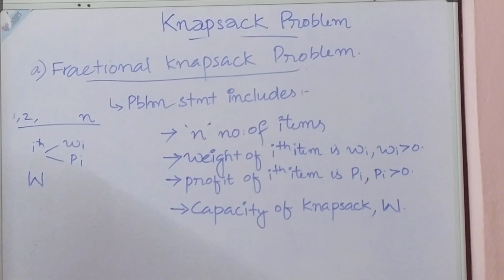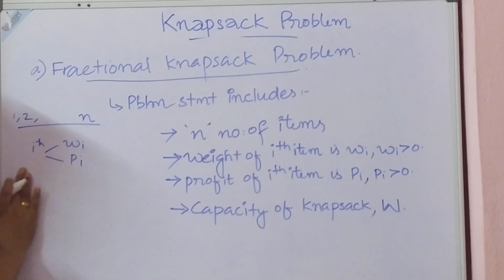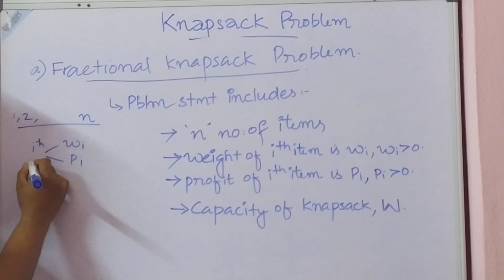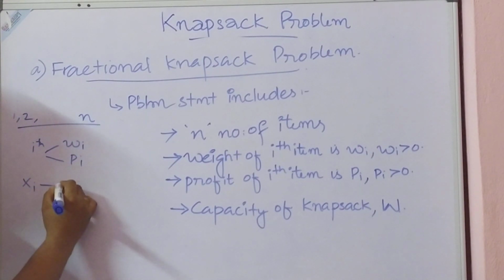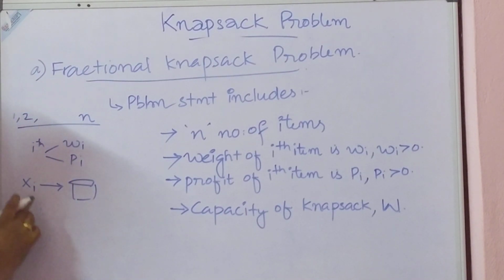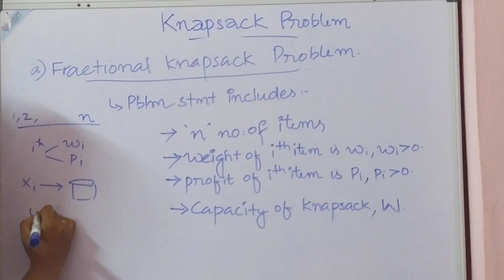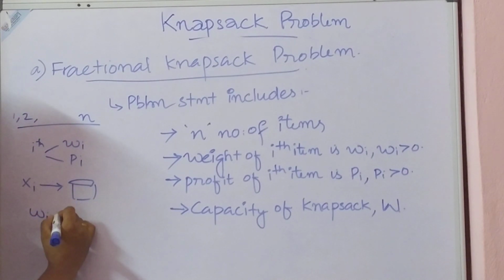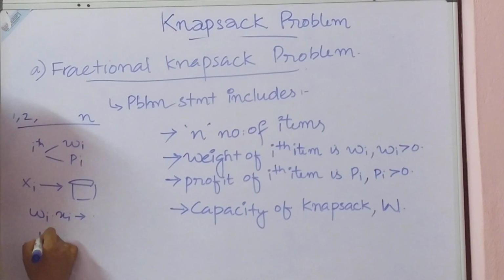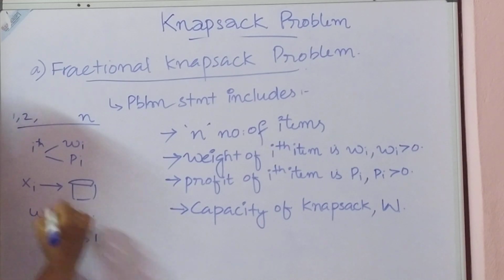That is, if the ith item is divided, then xi fraction of that item can be used to fill the knapsack, so that the xi fraction of the ith item will contribute Wi into xi to the total weight and Pi into xi to the total profit.